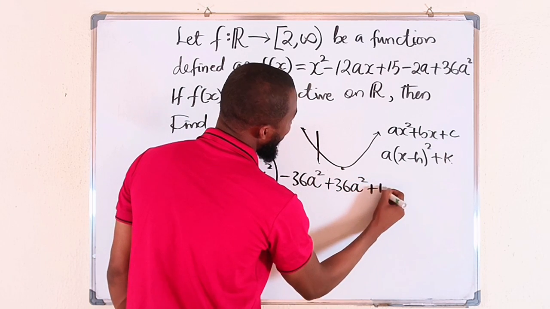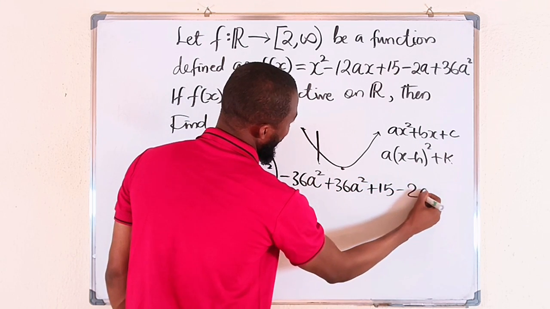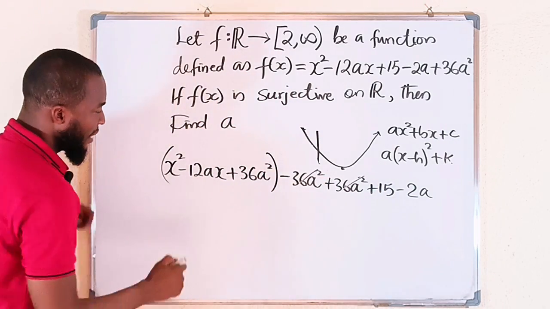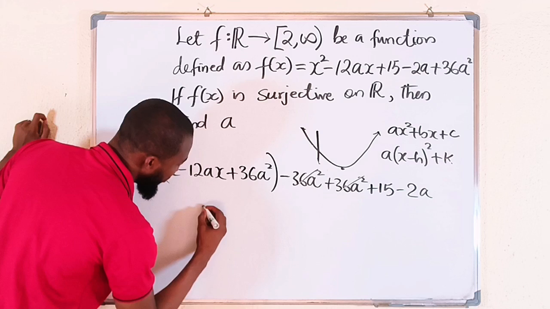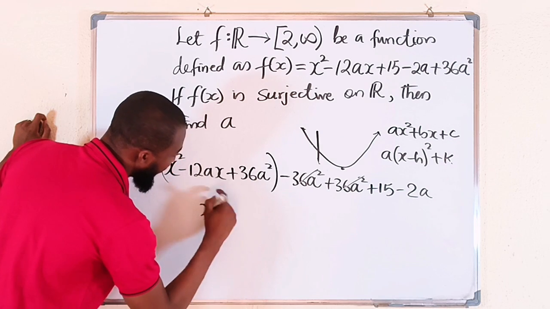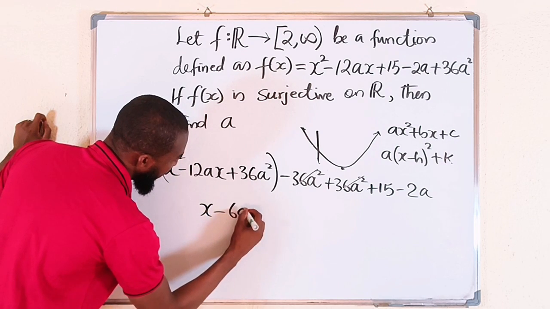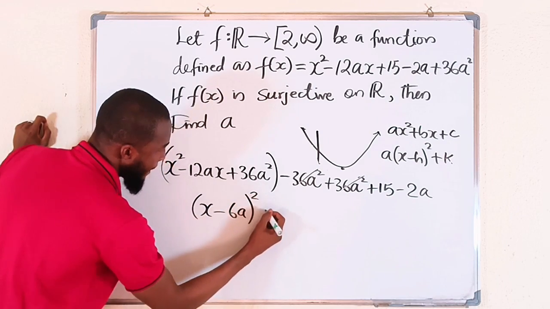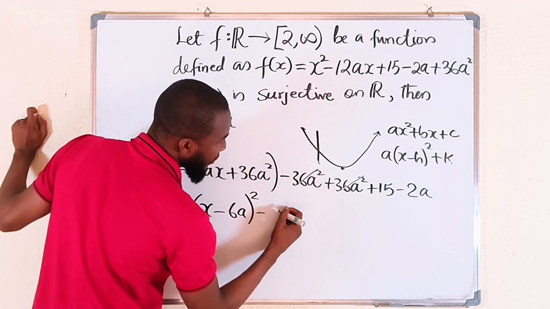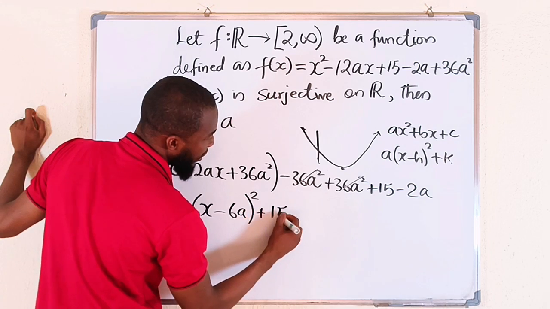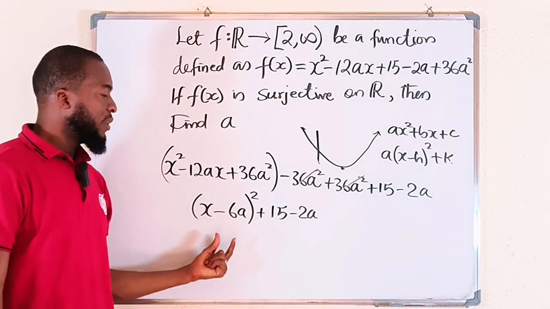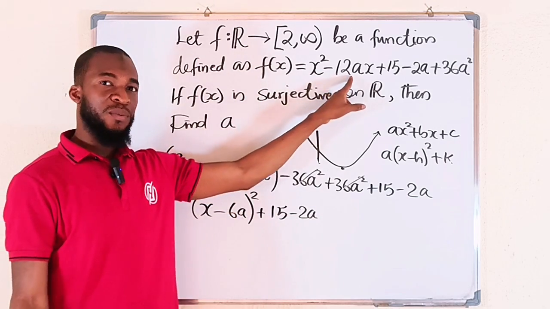Then we have plus 15 minus 2a. You can see that this and this will cancel, right? And this is a perfect square which can be written as x minus half of the coefficient of x, which is 6a, everything squared here, plus 15 minus 2a. So this is the vertex form of this expression.